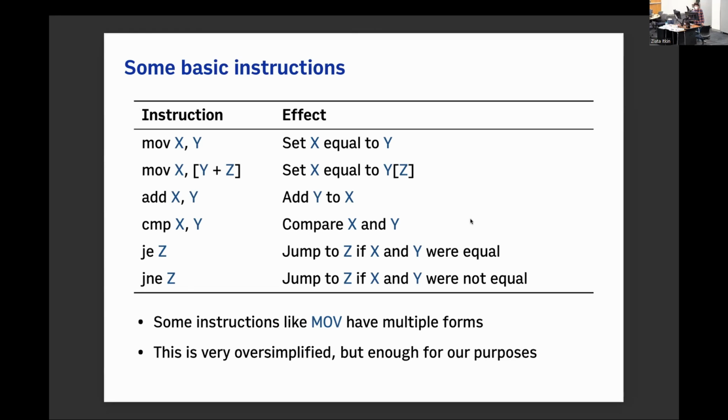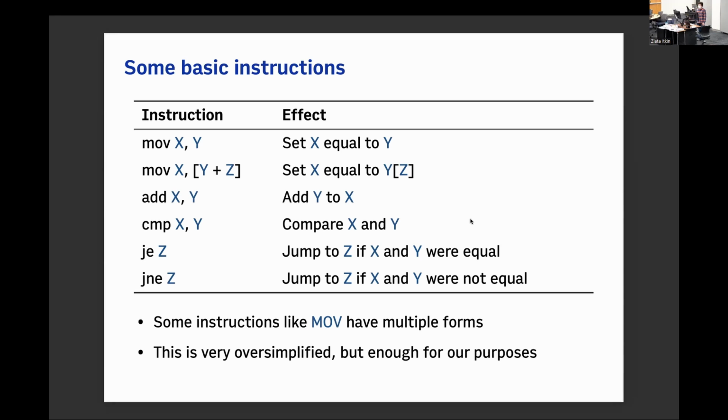So most of these are pretty simple instructions. Move is equivalent to left-hand side equals right-hand side. So move X, Y just sets X equal to Y. And this is for x86 for context. But move X, and then if you see the little brackets, that's like the brackets in C where you dereference a pointer or you index an array.